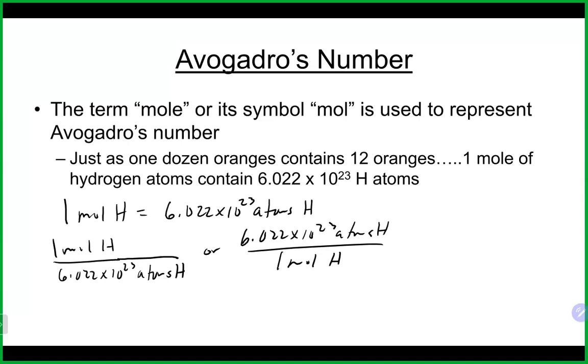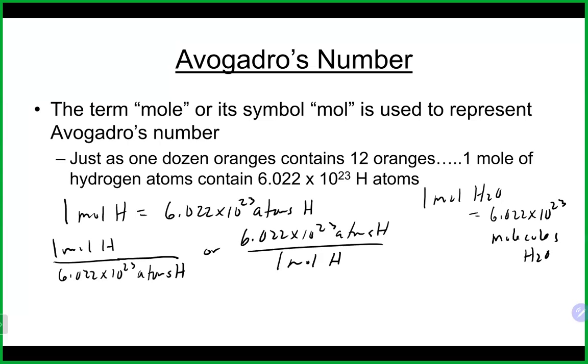Now, we could also use Avogadro's number for something that's not just an atom by itself. I could say in 1 mole of water, I would have 6.022 times 10 to the 23, and here the units would actually be molecules of water, because water is a molecule. So instead of an atom by itself, like hydrogen, here we're dealing with molecules.